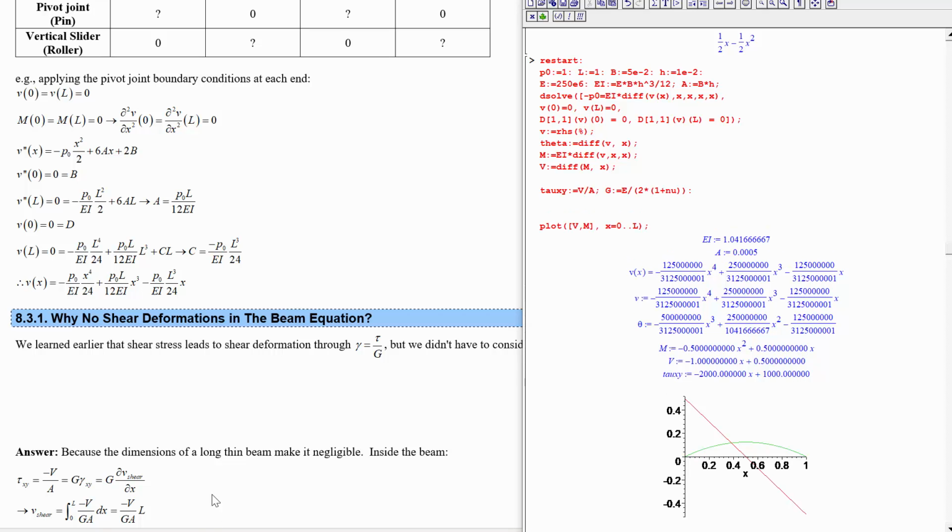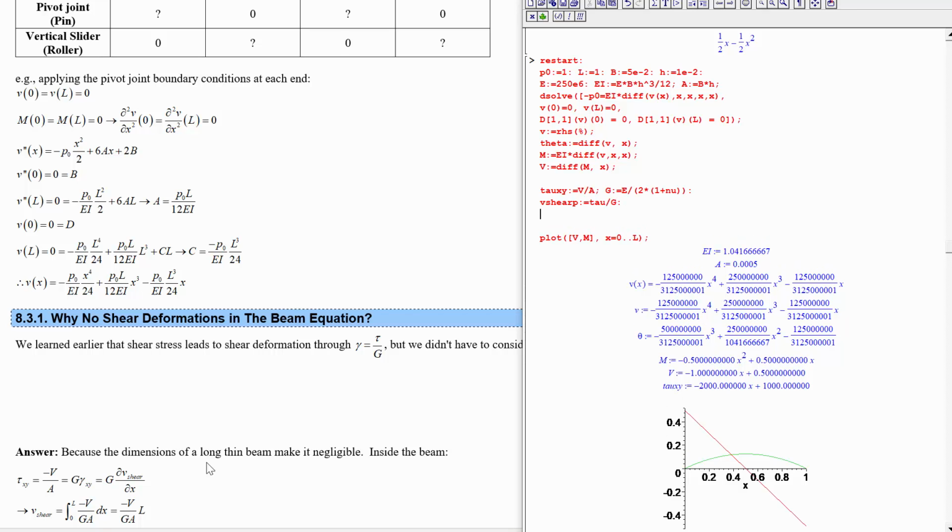And we'll then get a slope of shear displacement, V shear prime, which is equal to tau over G. And then V shear is equal to the integral of V shear prime from x is 0 to x.